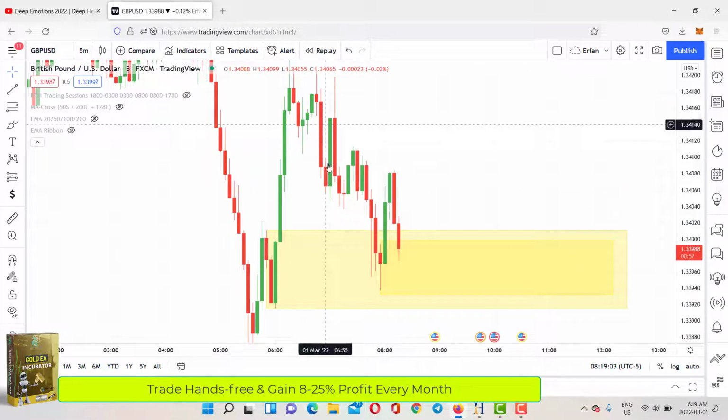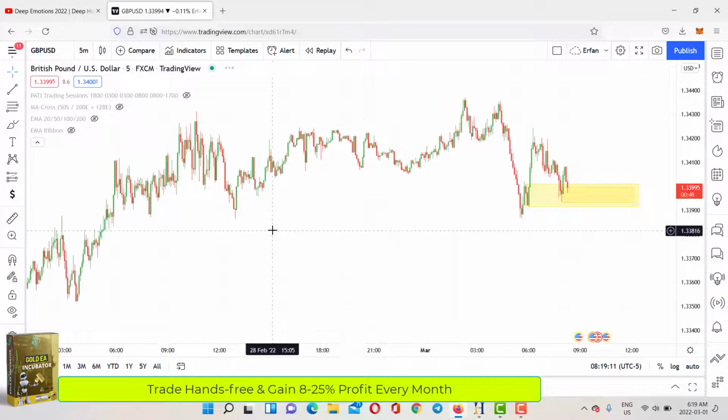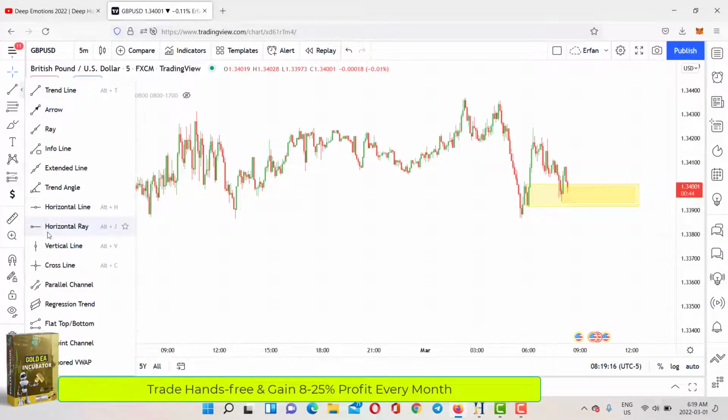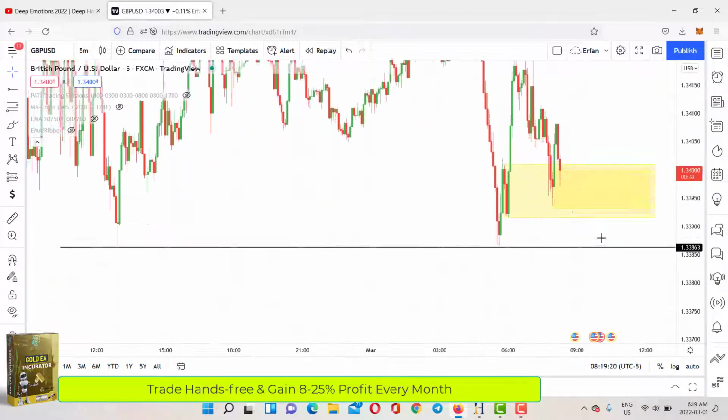Since we're creating lower lows and lower highs, I can't really say that it's going to be bullish, but we have a really strong order block, guys. I just want to see what's going to happen with this one. Plus we have this area right here, which is our liquidity grab area.